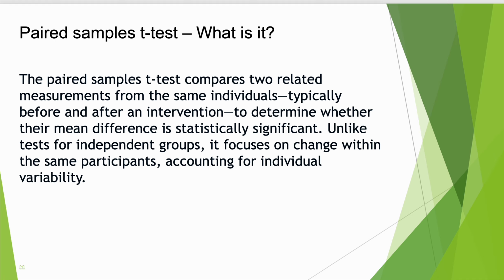So this test would let you look at that pre-test score and then look at that post-test score, and you're determining basically the success of the intervention based on the fact that the average score increases by a statistically significant amount.